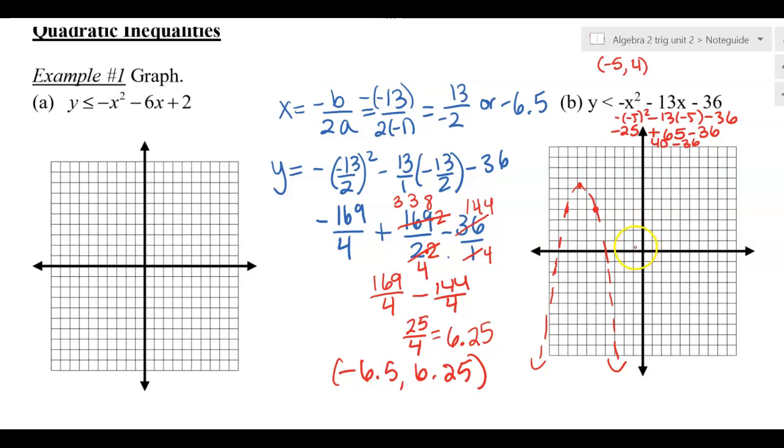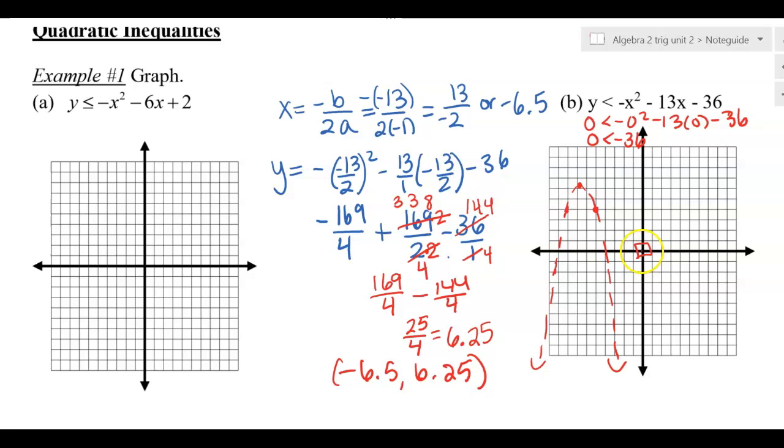So if we're testing 0, 0, which is here, we're plugging 0 into this inequality. So 0 for x and 0 for y. And then this is the statement that would say 0 is less than negative 36. Is that a true statement or a false statement? False, right?